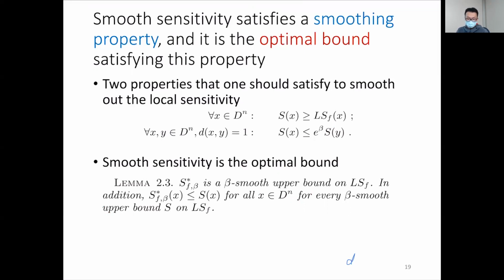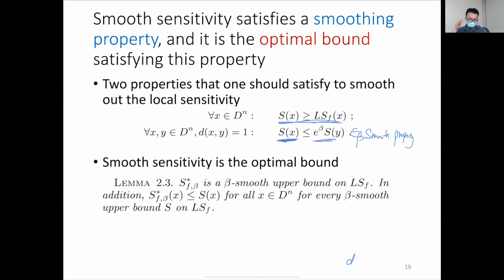First of all, the smooth sensitivity is larger than the local sensitivity for any data point X. The second is that for any neighboring data set Y of this X, the smooth sensitivity of X is smaller than the smooth sensitivity of Y multiplied by e to the power of beta, right? So this is called the beta smooth property.